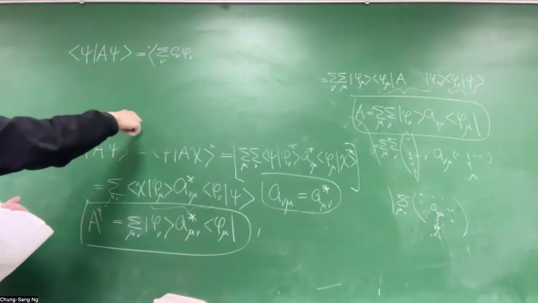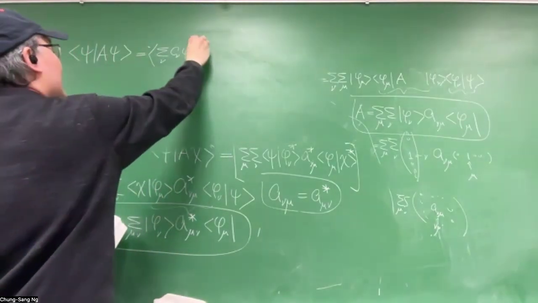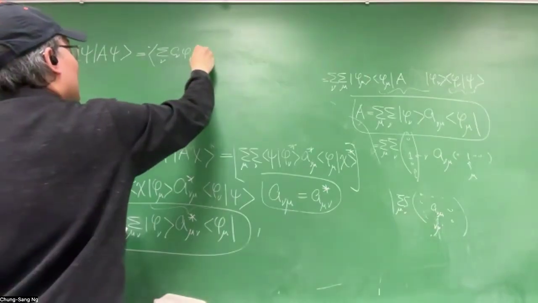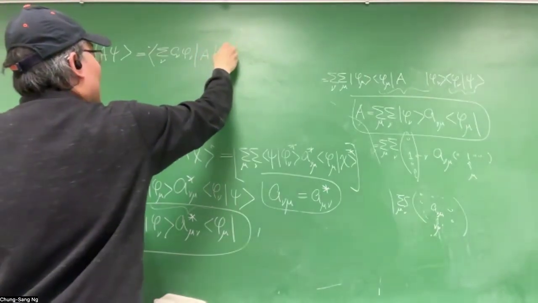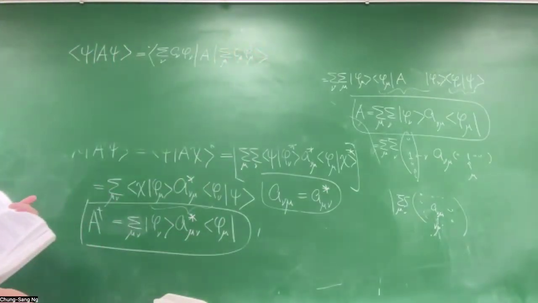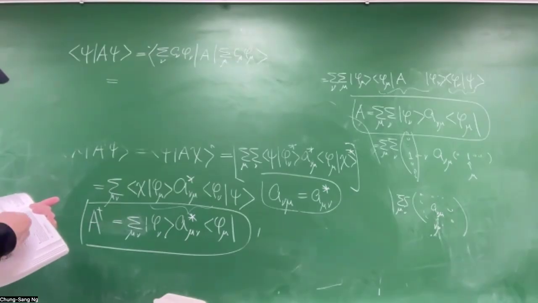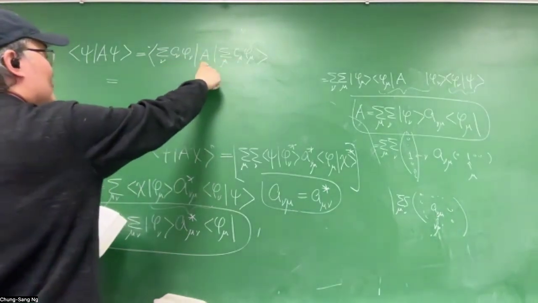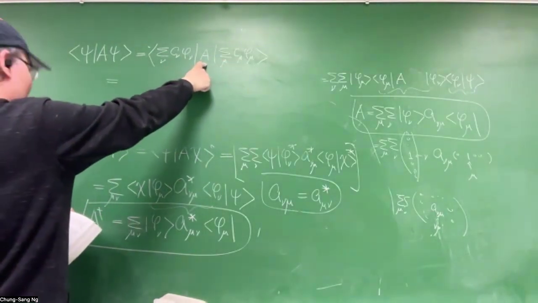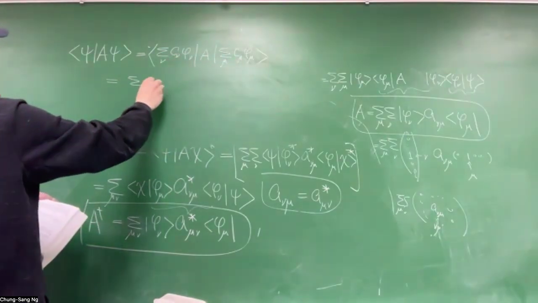So that's the expansion of psi and then A, and the sum over mu of C_mu psi_mu. I think actually before you do that, you have an operator and you need to sandwich it between this and that. Actually, it becomes the matrix element.